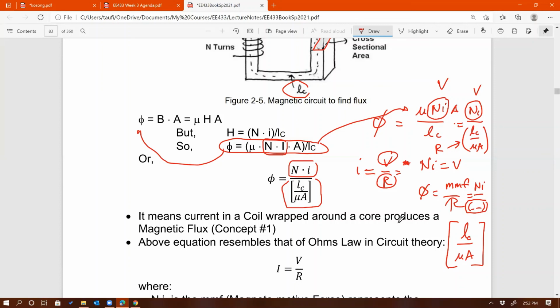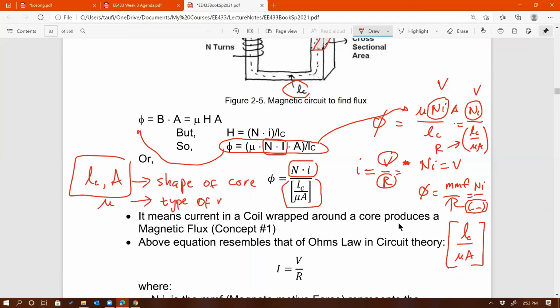So it makes sense, right? Because reluctance has to do with the core itself, nothing else, just the core by itself. So reluctance should be a function of the material used for that core and how that core is shaped, right? So L and A relate to the geometrical structure or the shape of the core, whereas mu relates to the type of material of the core.